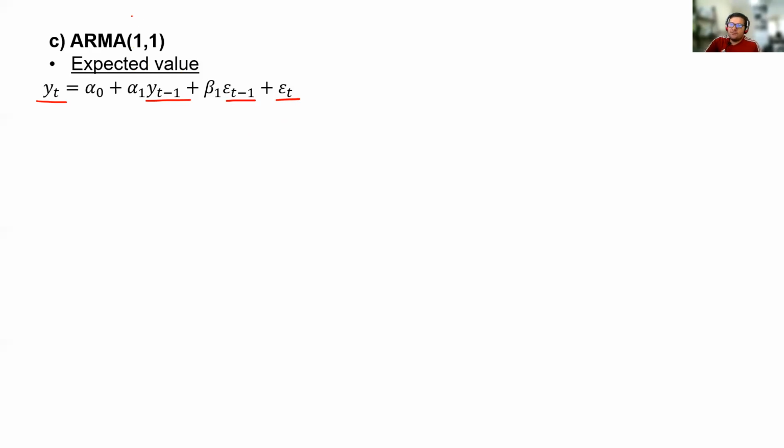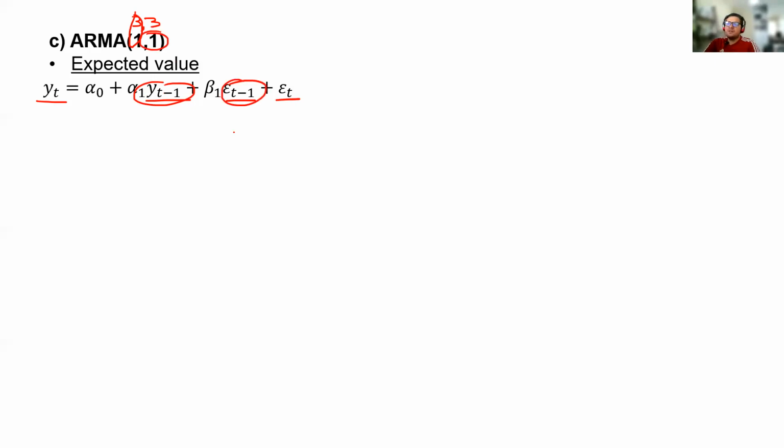ARMA can have, for example, 3,3, in which case we'll have Yt minus 1, Yt minus 2, and Yt minus 3, and we'll have et minus 1, et minus 2, and et minus 3. So the first number here corresponds to the number of lags of Y. The second number corresponds to the number of lags of et.